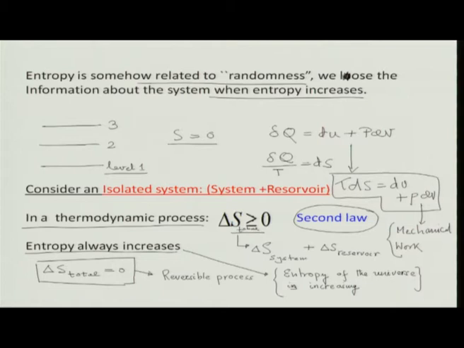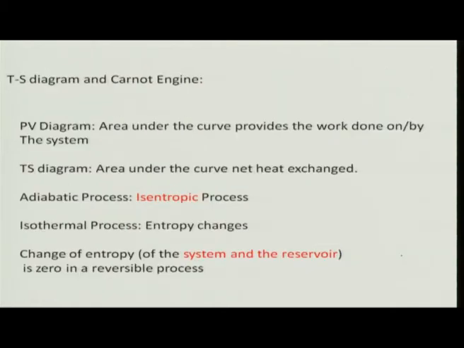Then I will talk about something called the T-S diagram. That means thermodynamic processes are to be drawn on the T-S plane rather than the PV diagram or VT diagram. It is useful. You can see why it is useful.